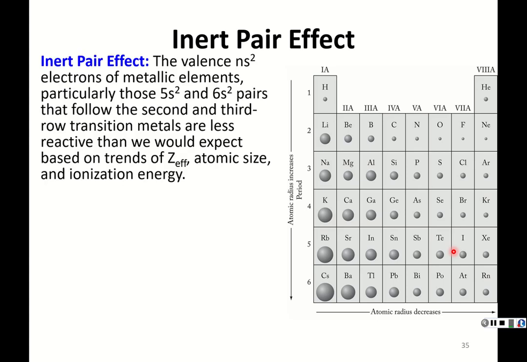The inert pair effect states that the valence s2 electron pair of metallic elements, particularly those of 5s2 and 6s2 pairs that follow the second and third row transition metals, are less reactive than we would expect based on trends of effective nuclear charge, atomic size, and ionization energy.